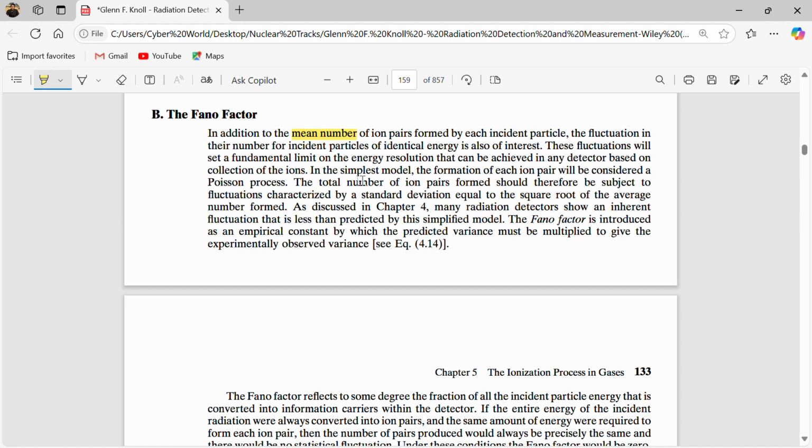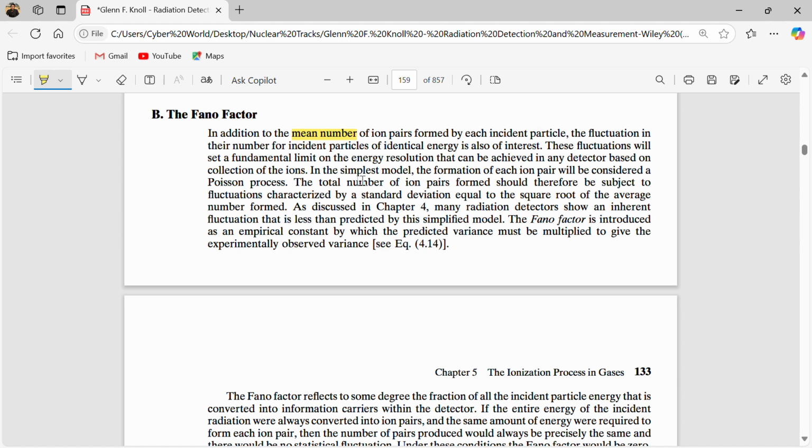So in addition to finding the mean of the ion pairs formed by each incident particle, the fluctuations in the number of ion pairs for incident particles of identical energy are also of interest. So this is known as the Fano factor.